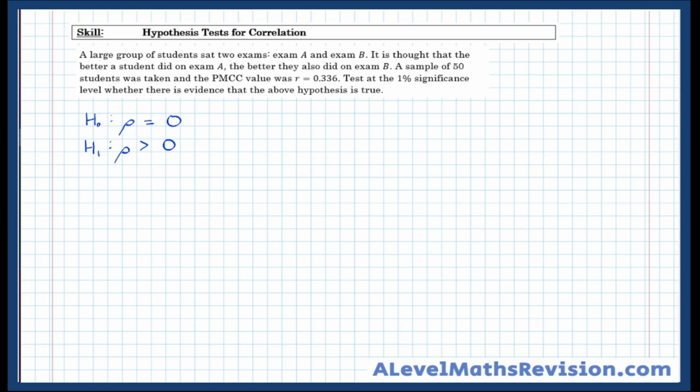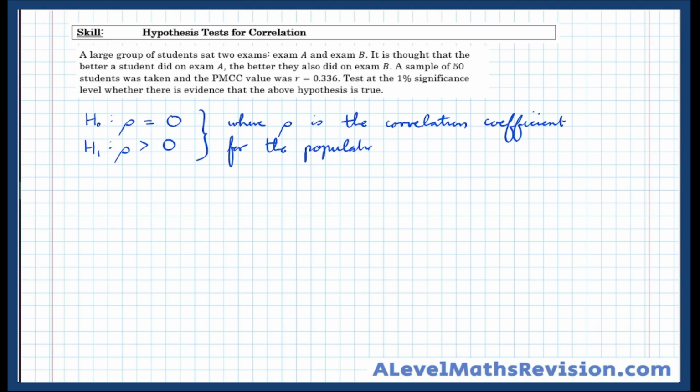But we've got to define in words now what rho actually represents. Where rho is the correlation coefficient for, and this is the key point here, the population of students sitting the two exams.